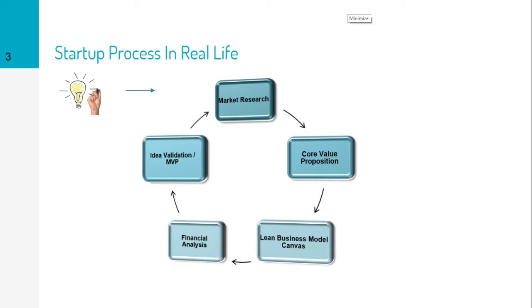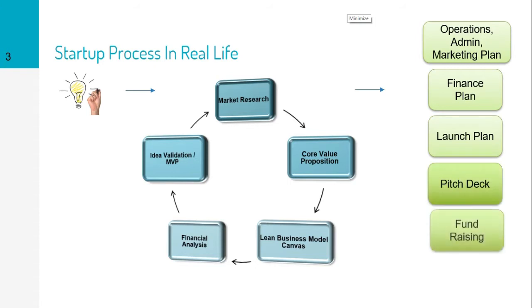Once you finally complete a few iterations of this, and you certainly have a value proposition that you have tested and you know it's going to work, then you go on to the other steps that I just listed. Those tend to happen in somewhat of a linear process.